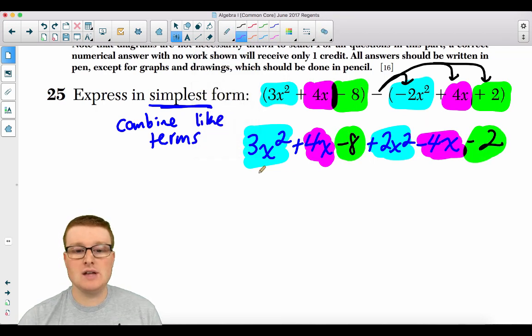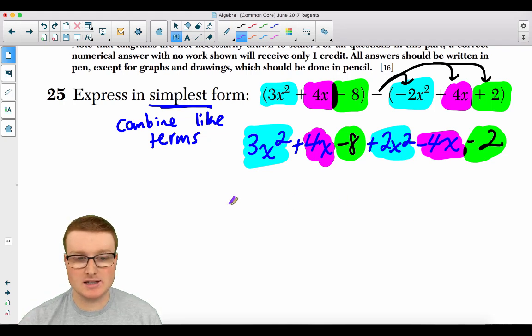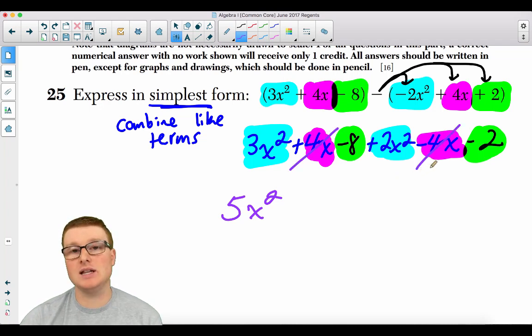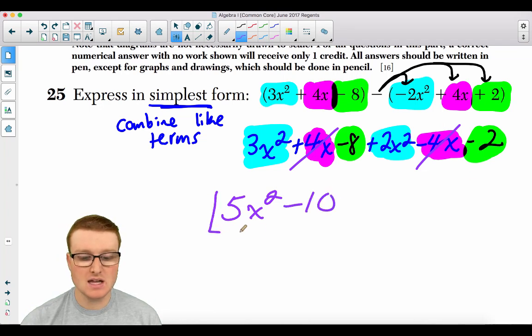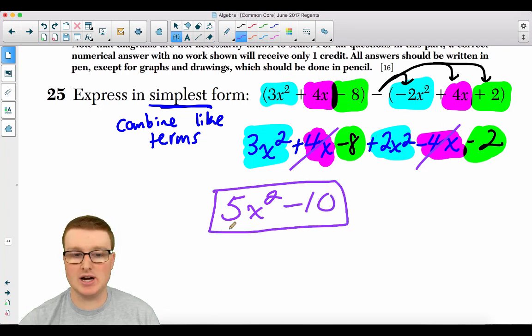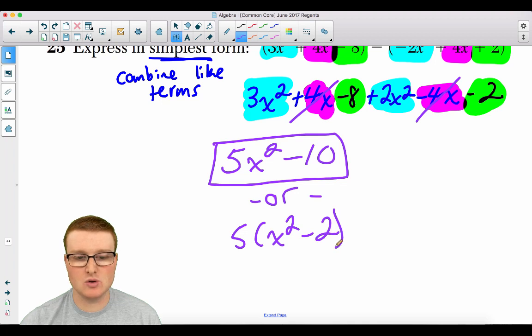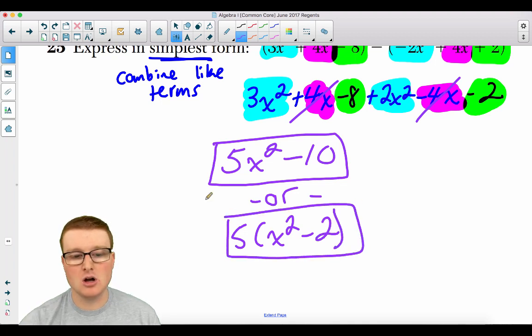So, 3x squared plus 2x squared is 5x squared. A 4x and a negative 4x actually just cancel out completely. Negative 8 plus a negative 2 gives you a minus 10. Ladies and gentlemen, 5x squared minus 10 is your answer. Or if you wrote it as 5 times (x squared minus 2), that is acceptable.